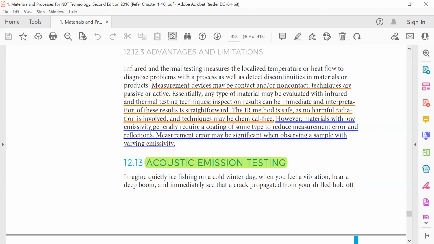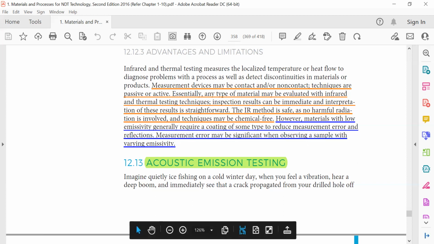However, material with low emissivity generally requires a coating of some type to reduce measurement error and reflections, such as black tape, some water-based paint, or black paint. Measurement error may be significant when observing a sample with varying emissivity.